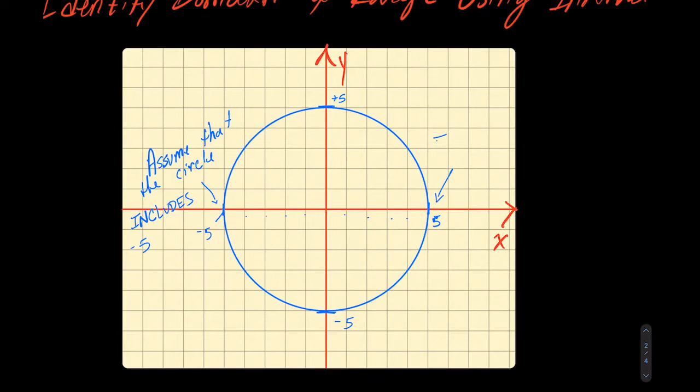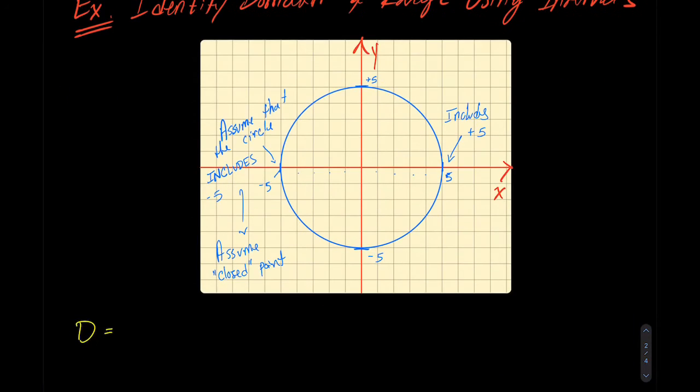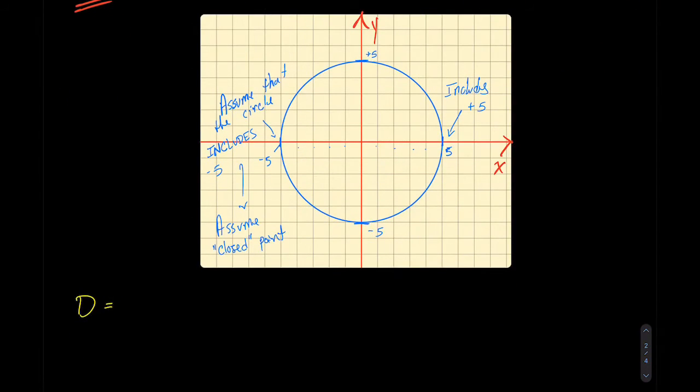Same here, includes +5, and same for everything else. So you can treat it as basically a closed circle. Assume closed point for a domain.